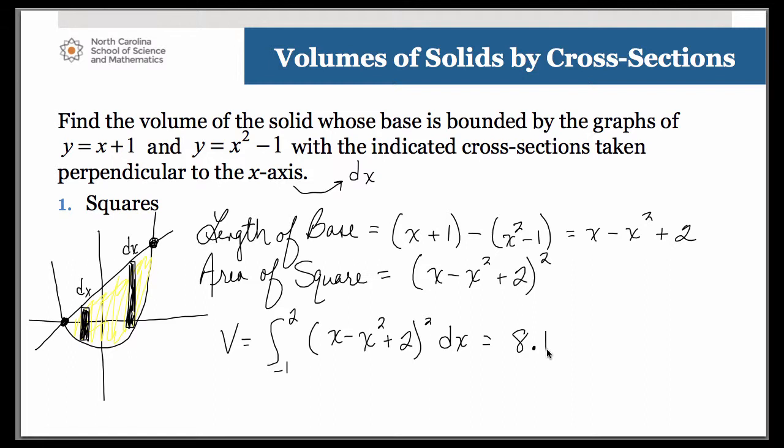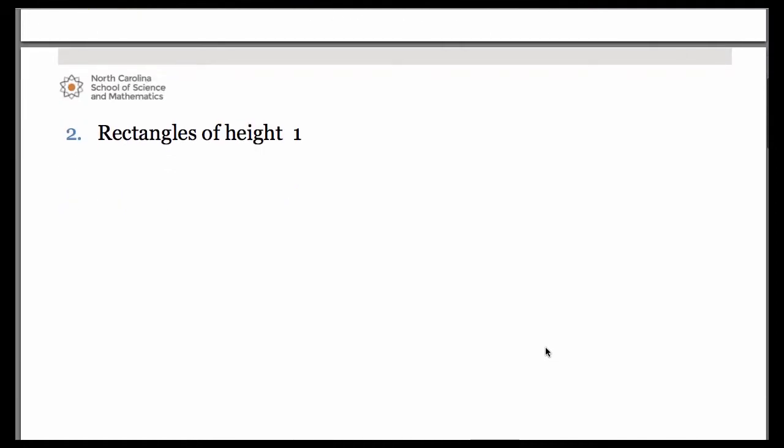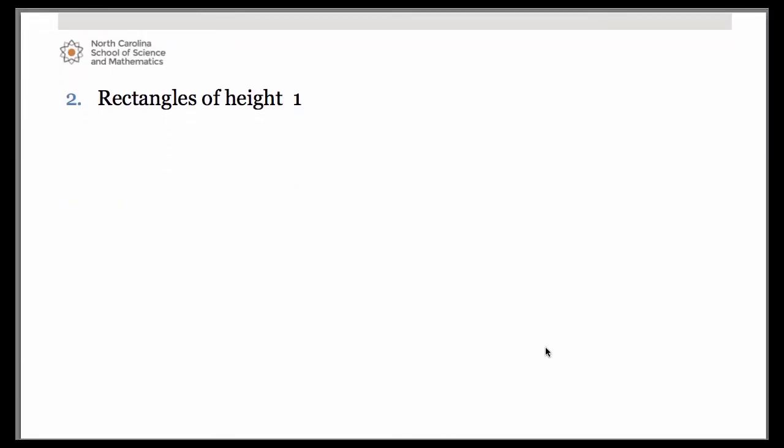So the second example we're going to look at uses these same equations, the same type of solid, but now we want our cross sections to be rectangles of height 1. Now they're still perpendicular to the x-axis, so that length of the base really does remain the same.